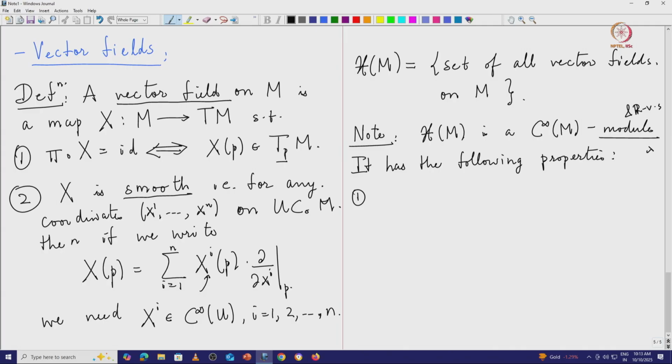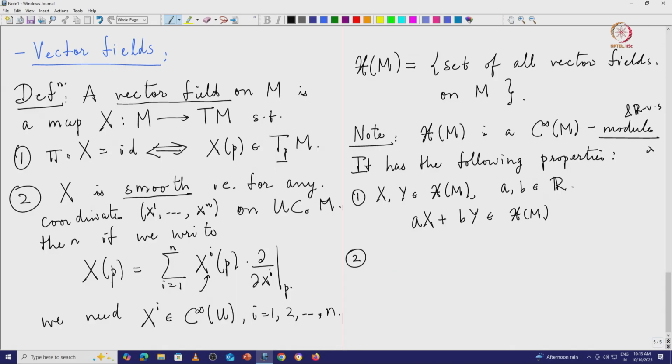Okay, so it has the following properties. If you are given X and Y here and A and B are real numbers, then you can define a vector field given by AX plus BY. Okay.